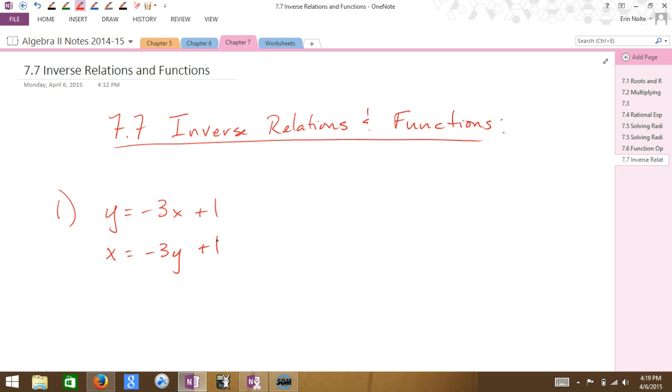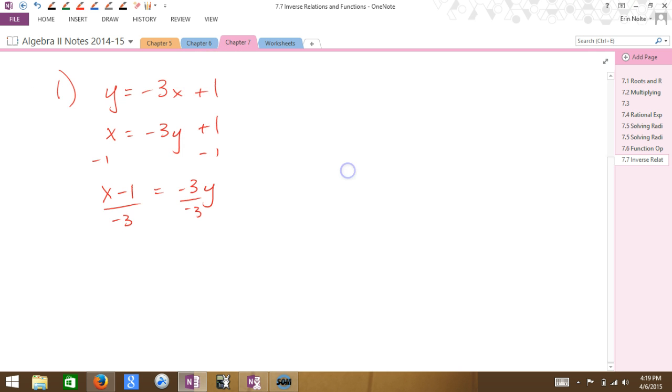Algebraically, I want to get rid of what's added and subtracted, so I'm going to subtract the 1. So it gives me x minus 1 is equal to negative 3y. And then the next step would be to divide by negative 3. So the inverse is equal to x minus 1 divided by negative 3.